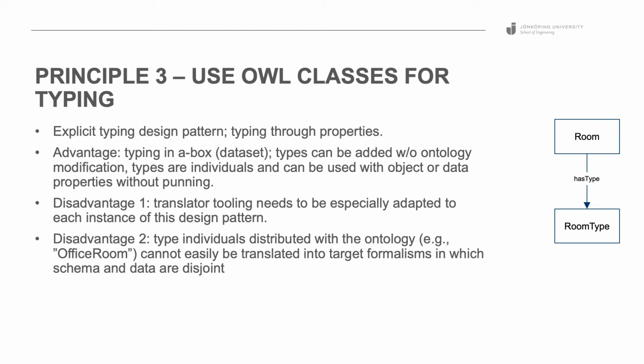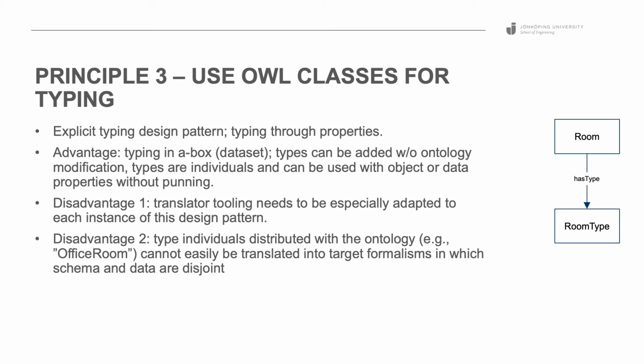So in the example on the right-hand side, instead of saying that room has the subclass office room, we can say instead that room has type, and then there's a room type, and room type has a member individual, which is office room. So this allows us to do typing using other primitives than the OWL class hierarchy and RDF type.